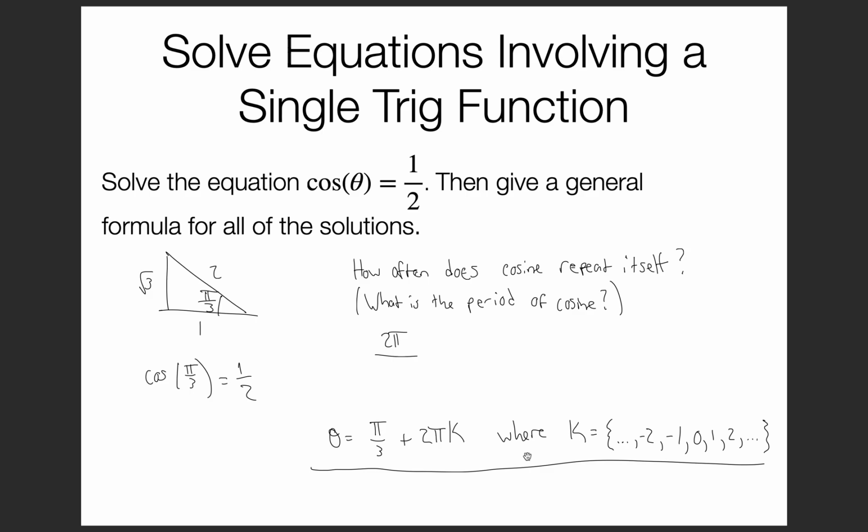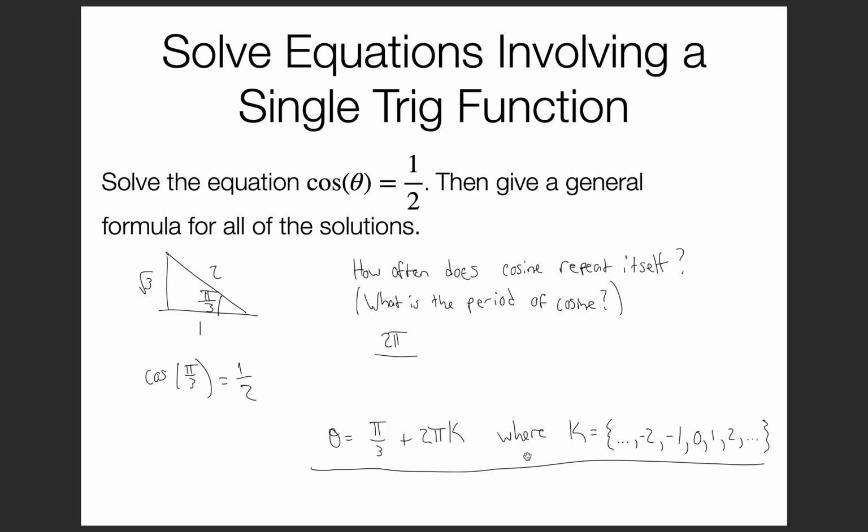So there's not just one answer, there may be a bunch of answers. And so the question is, what is the period of cosine? It is 2 pi. And so with that information, I can give the general formula for all of the solutions. The general formula is that original solution that we found, pi over 3 plus 2 pi k.